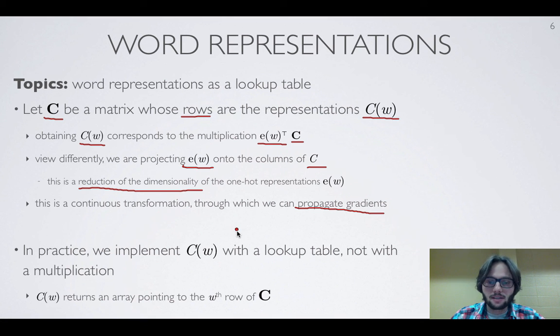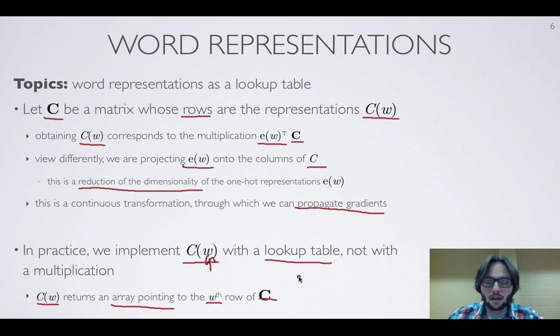Now, that being said, this is mainly conceptual. That is, when we implement taking a word ID w and providing a vector C_w, we really implement it as a lookup table and not as an expensive multiplication of a vector that's mostly zeros with a matrix. Specifically, one way of doing that is that C_w would just return an array that points to the wth row of the matrix C. So that's the main idea for learning word representations.